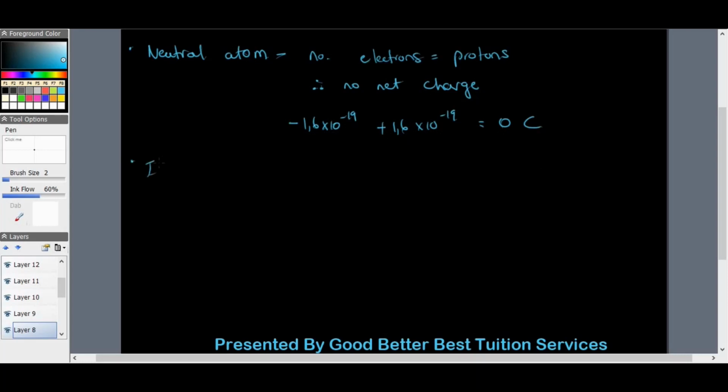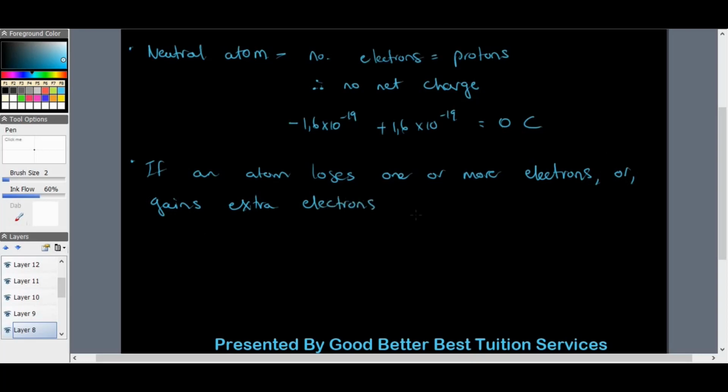However, if an atom loses one or more electrons, or gains extra electrons, so it can either lose one or more, or gain extra electrons, then the number of protons and electrons does not balance.